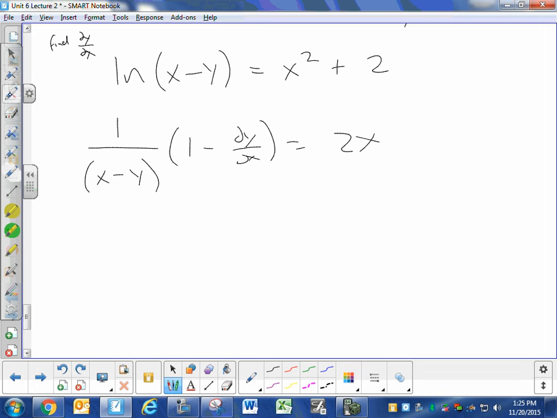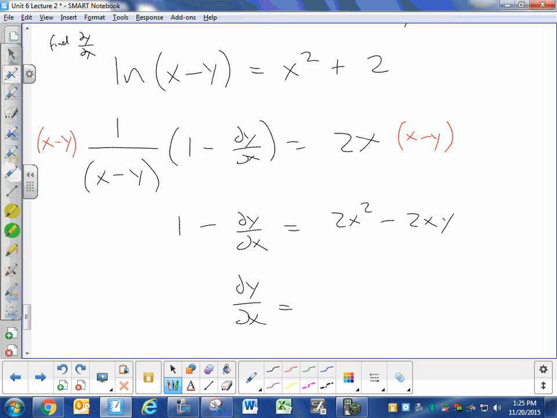I actually could just multiply by x minus y right away. And all of a sudden, I will free up things, and they won't be in parentheses anymore. Then I can subtract 1, divide everything by -1.